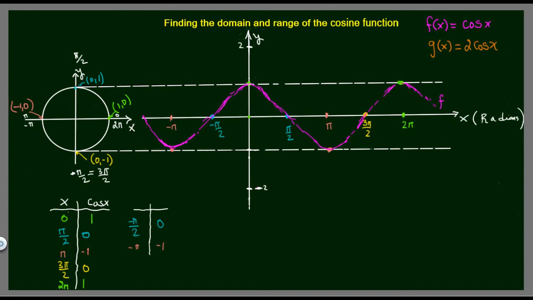As you can see, I told you before, this function has an amplitude, and its amplitude is this distance right here, which is 1. This is its amplitude, and it is the same thing here, here again, and there.